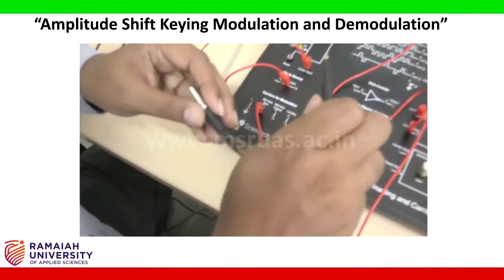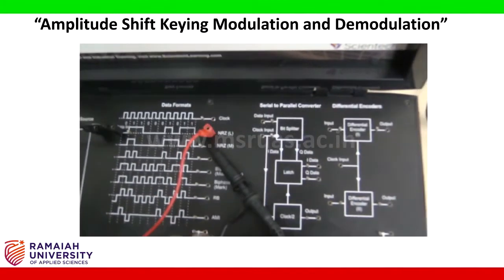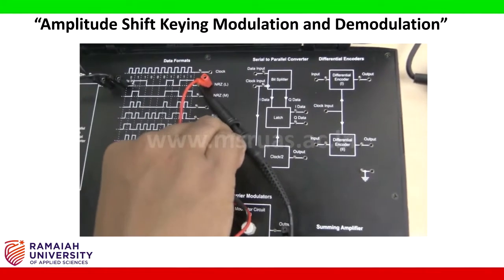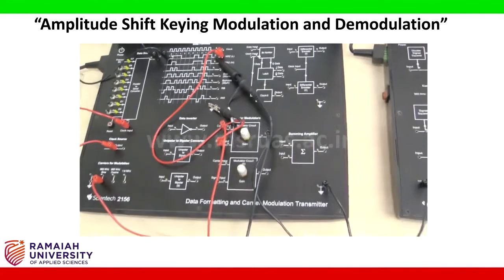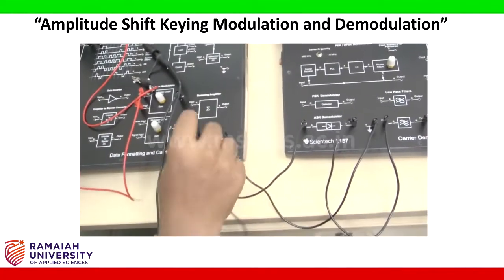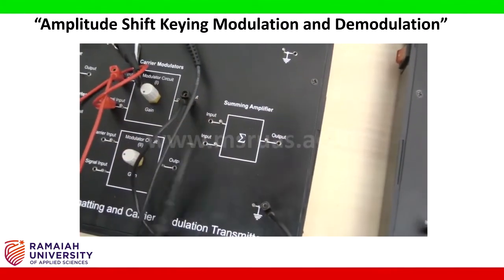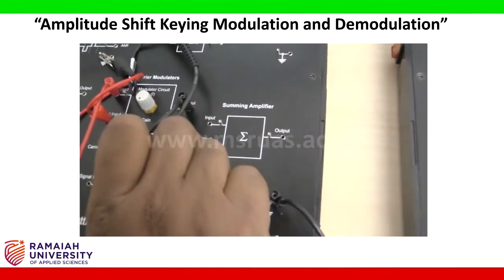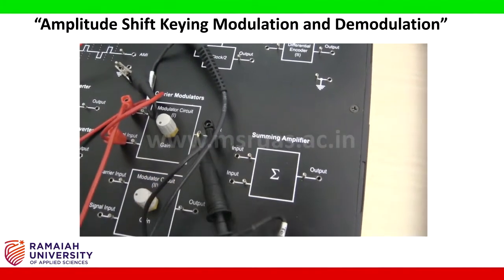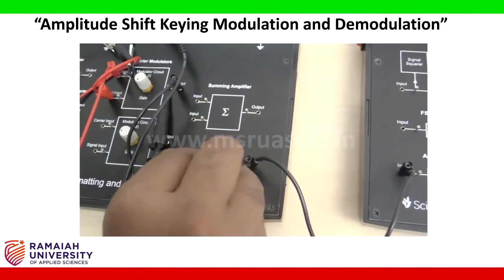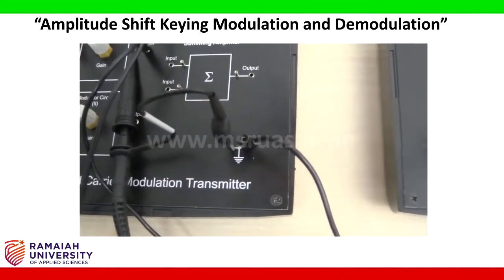Probe 1 is connected to the NRZL and negative is connected to the ground, and channel 2 is connected to the output of the carrier modulator and to the ground.